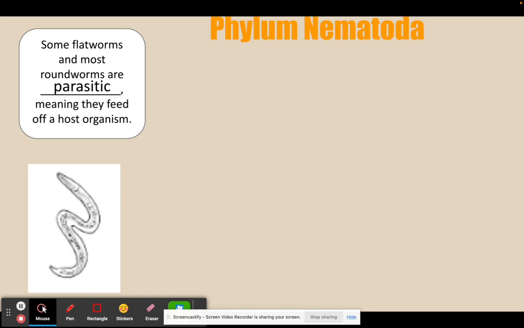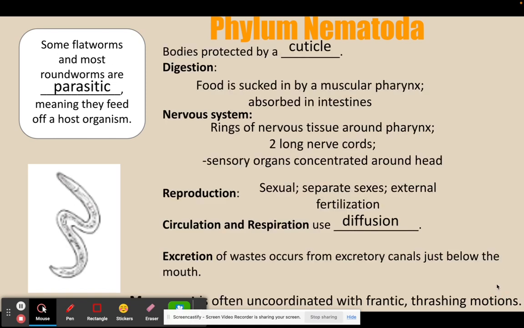So they're going to take away the nutrients and nourishment that their host currently needs in order to survive. Most roundworms are parasitic. The ones we're going to talk about are mostly parasites, and the tapeworm and the liver fluke, like I shared with you, those samples in class, are also parasitic.